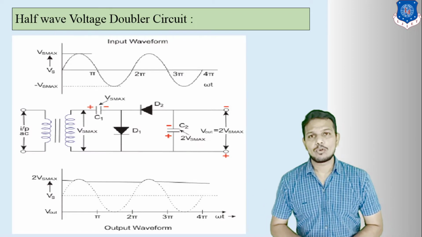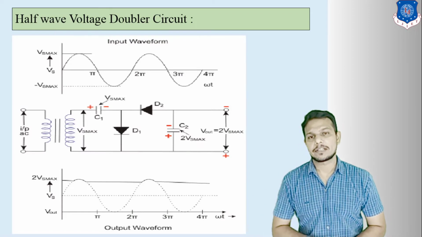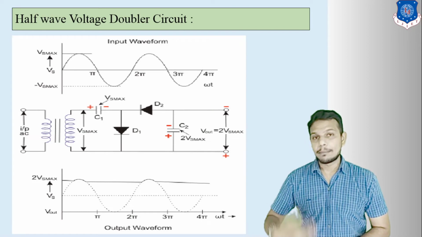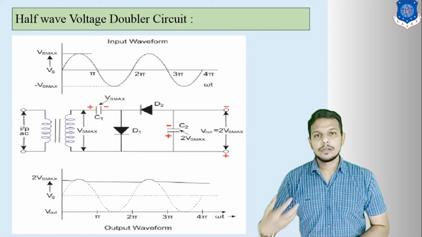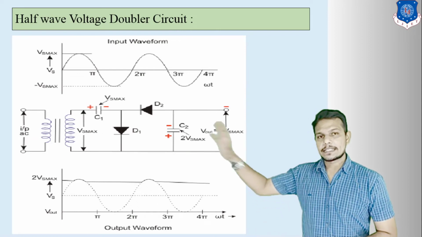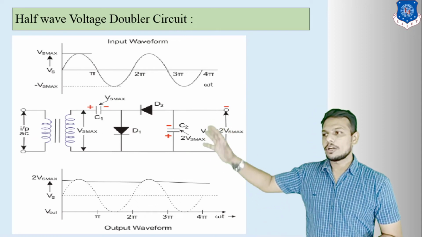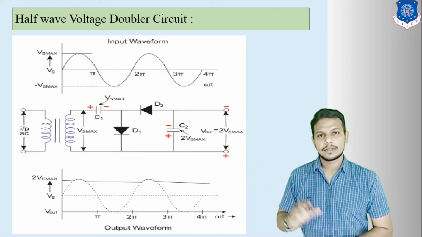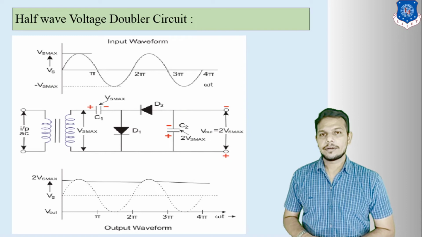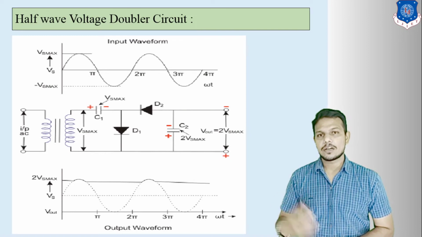So let us discuss the half wave voltage doubler circuit. It is known as a voltage doubler because it doubles the input waveform. So here we can see this is the circuit diagram of the voltage doubler. It is a clamper.